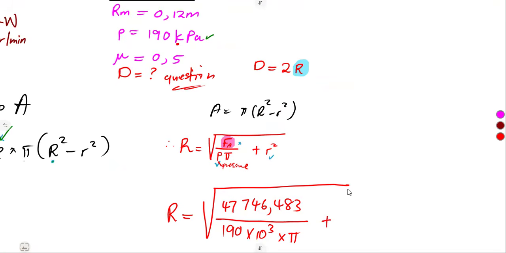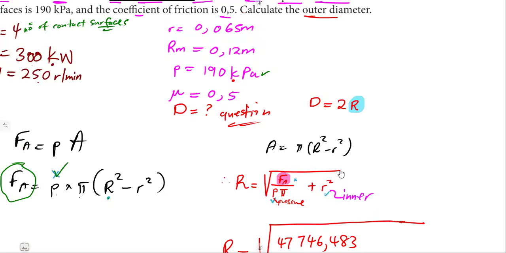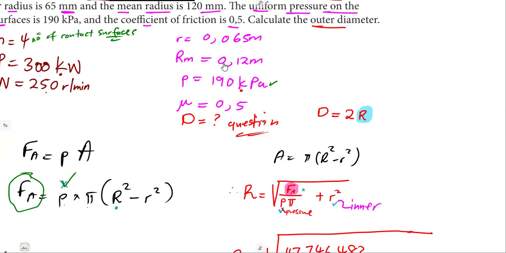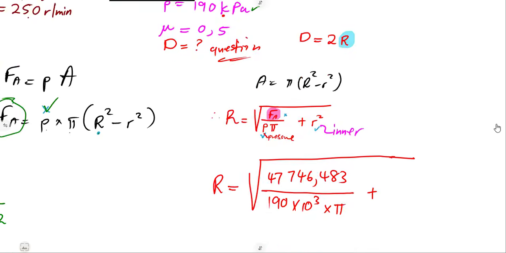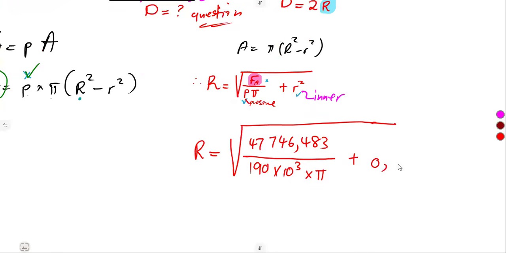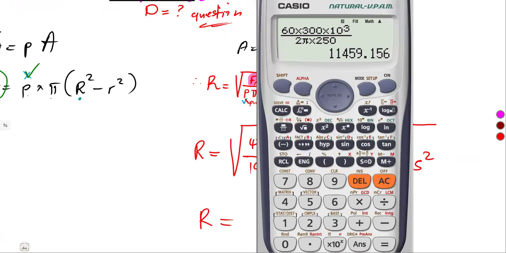We add r squared on its own, the inner radius. So what is our inner radius? 0.065 in meters. So that's 0.065 squared, as we can see, that's r squared like this. So on your calculator, guys, please present this properly.